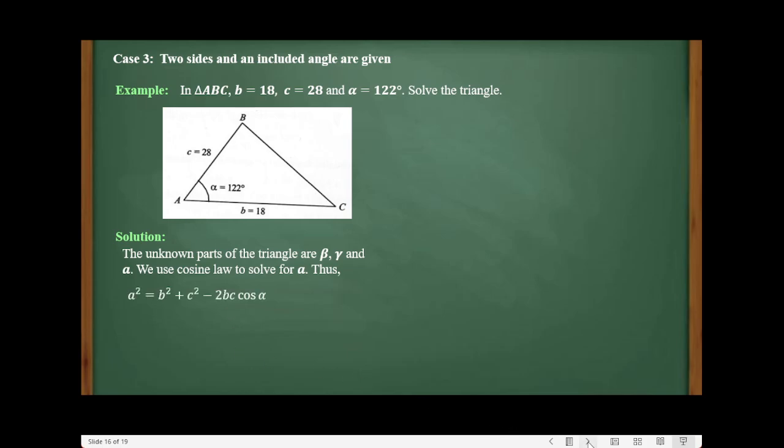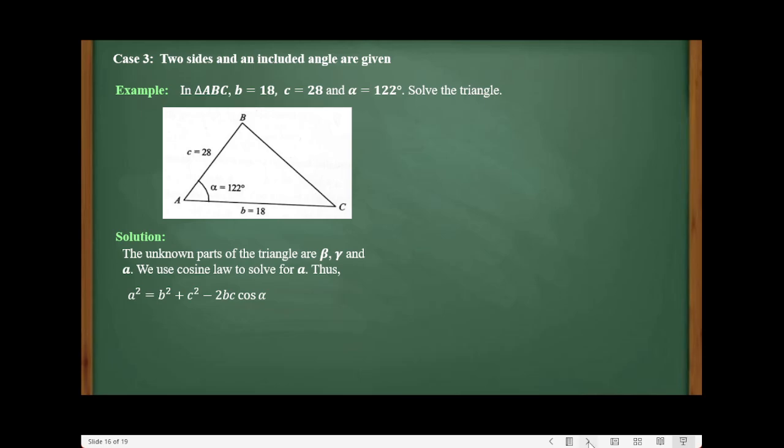Now, what formula are we going to use? Now, this is the formula. Since side small letter a is unknown, we make use of this formula among those three formulas that I just presented from the previous slide of this presentation. So that is a squared is equal to b squared plus c squared minus 2bc times cosine of alpha.